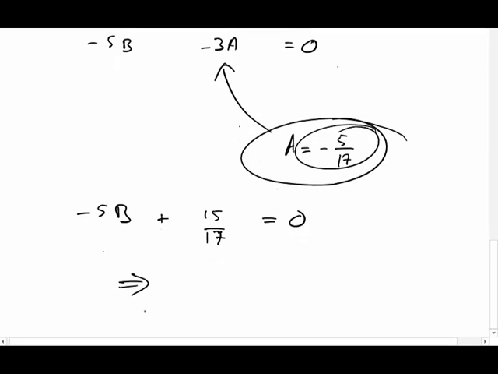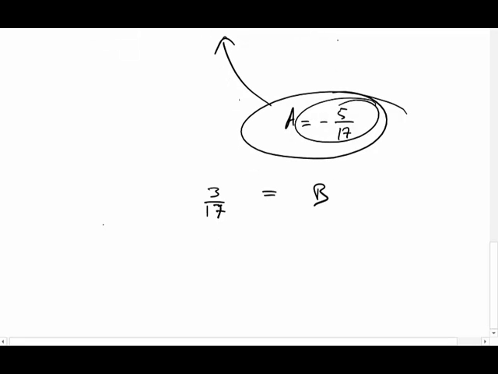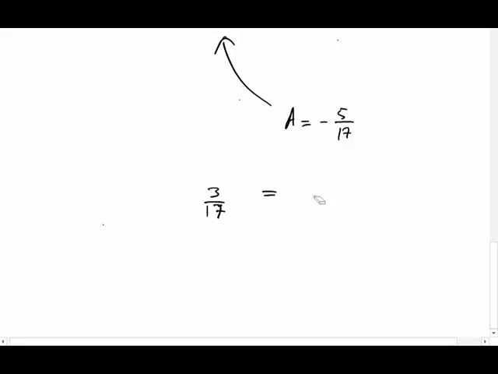So then if I just do a little bit of rearranging, I take that minus 5b over to the other side, so that becomes 5b equals that. So therefore, what does b equal? Then if we just divide through by 5, that becomes 3 on the top. So it becomes 3 over 17. So b is equal to 3 over 17. So I've got a is equal to minus 5 over 17, and b is equal to 3 over 17.